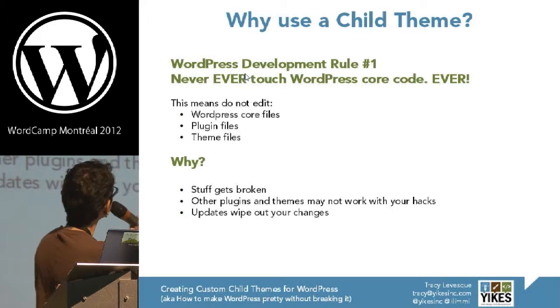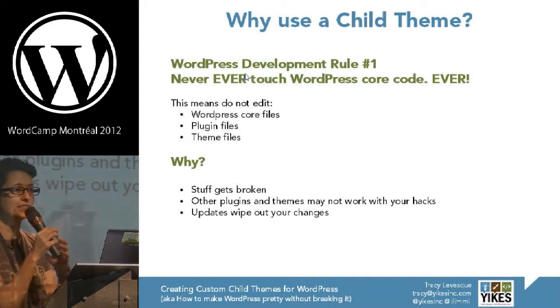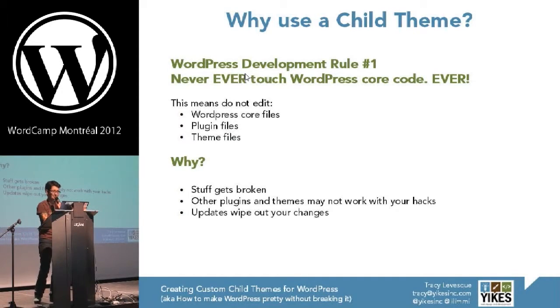Well, the number one rule in developing for WordPress is never, ever touch WordPress core code. Ever. That means don't touch core files, don't touch plugin files, and don't touch theme files. And why not? Because stuff gets broken.